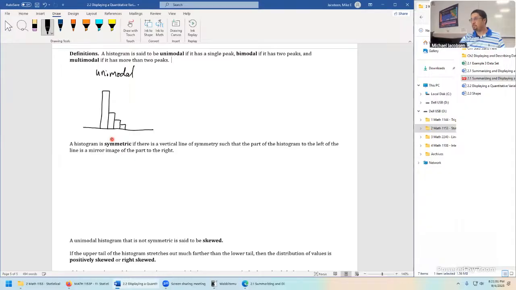This one seems to taper off to the right. Maybe a little bit more tapering off to the left. Let's make one come up just a little bit and then come back down. So this one is unimodal because it has just one single peak.